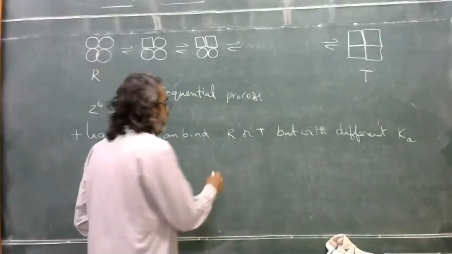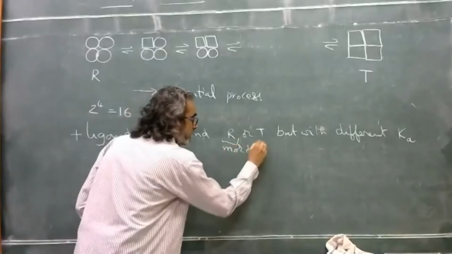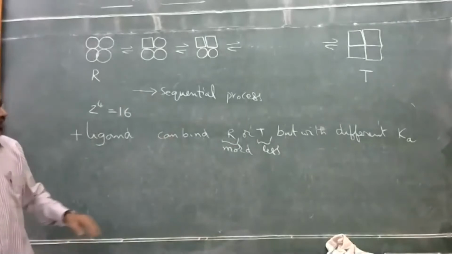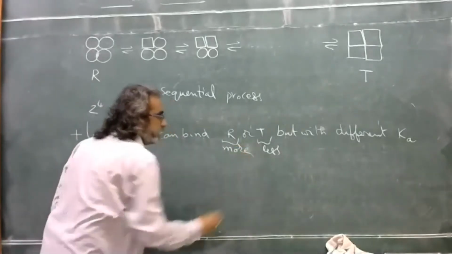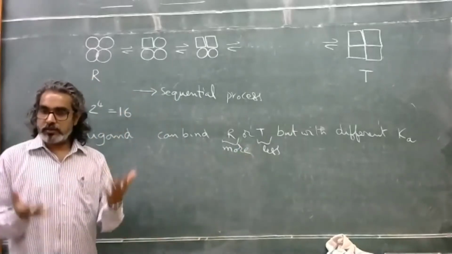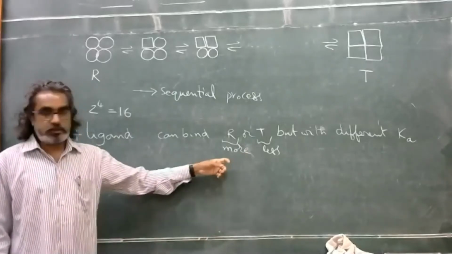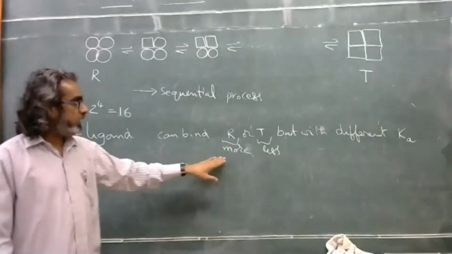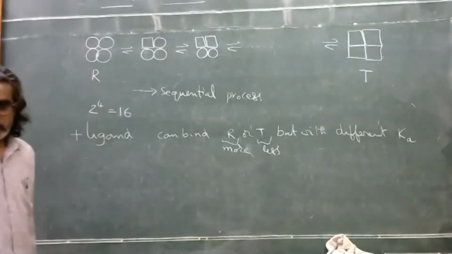For example, if it has preferential binding to R over T, then with an equal number of R and T, it will bind R more. It can bind both, but the binding capacity of R is more.